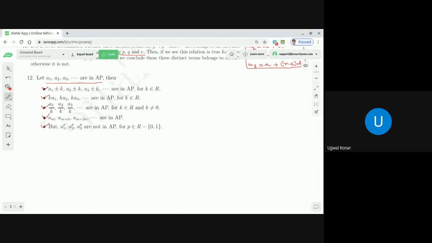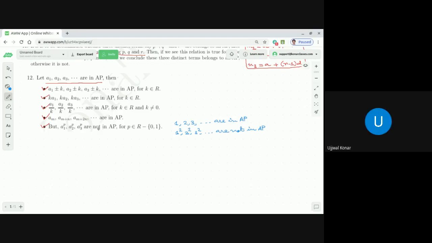Let me give you a very quick and easy example. We know that 1, 2, 3, and so on are in AP. But we see 1 square, 2 square, 3 square are not in AP. So what we see, A1 power P, A1 is 1 here, A2 is 2, A3 is 3, like that.